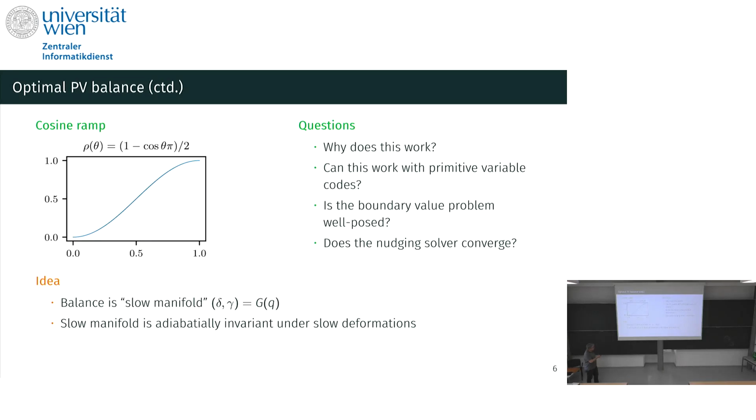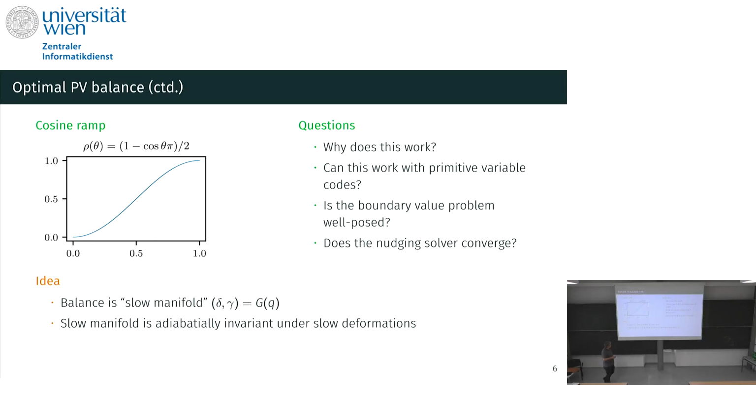Okay, so what is the general underlying idea why it should work? First of all, the concept of a slow manifold. We think that in the slow manifold, the adiabatic variables would be given in terms of the potential vorticity by some slaving function. So this would define a manifold in phase space.